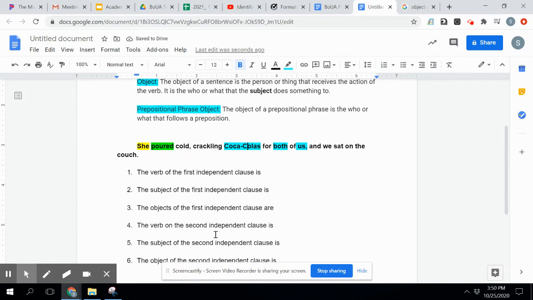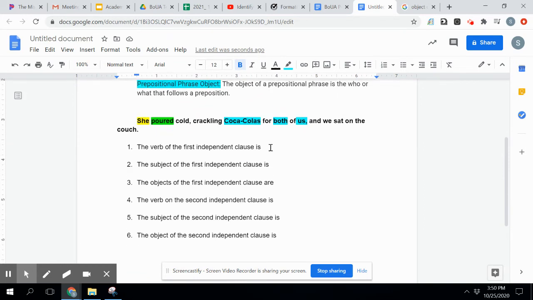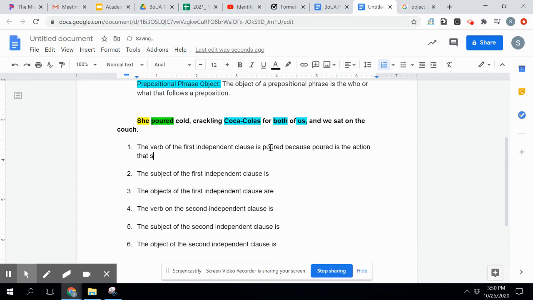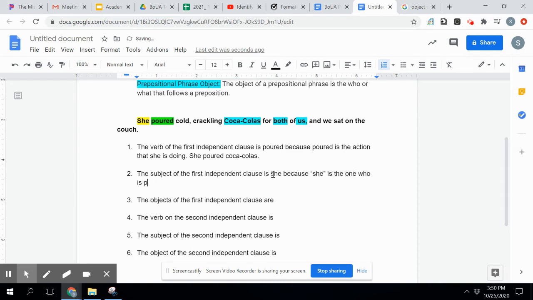So to complete my thoughts then, I'm going to fully type it out. The verb of the first independent clause is poured, because poured is the action that she is doing. She poured sodas. The subject of the first independent clause is she because she is the one who is pouring.